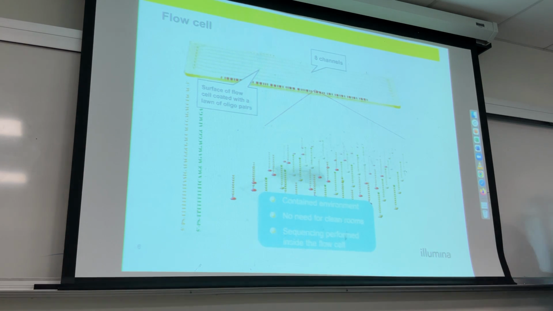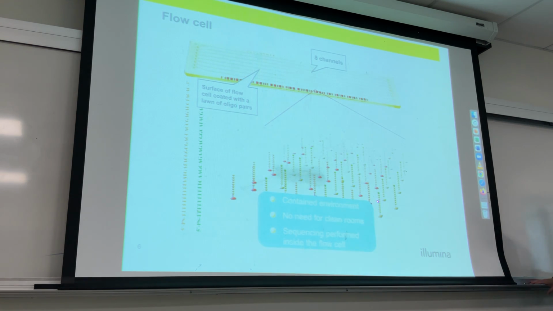Okay, so what is on those tiny little lanes of that slide right there is, in regular formation, short little oligonucleotides. And the oligonucleotides have a specific sequence that are designed to bind to the little adapters that you've now put on the ends of your piece of DNA that you want to get sequenced.